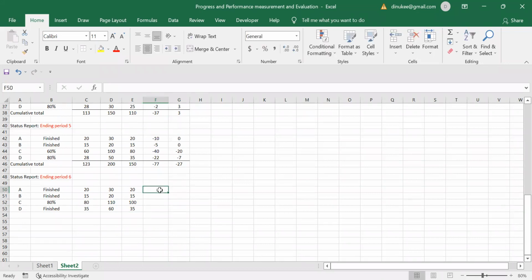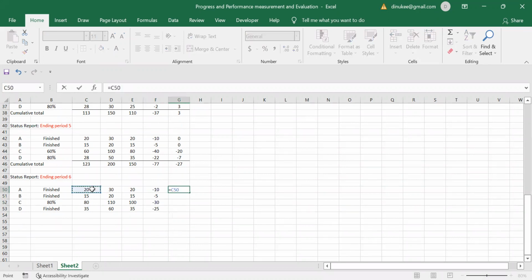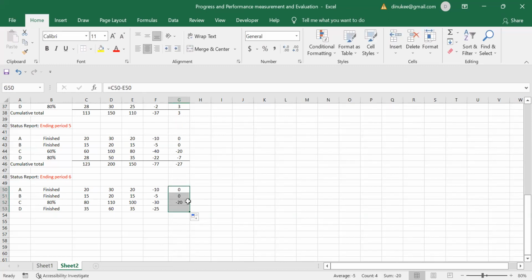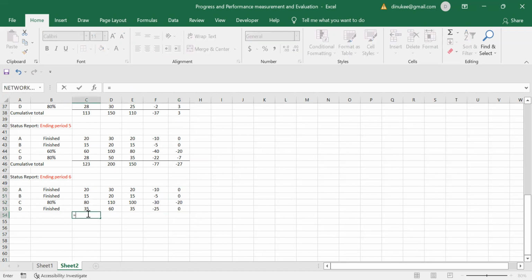And then get the cost variance. Earned value minus actual cost. Earned value minus plan value, schedule variance. Getting the summation of these values now.